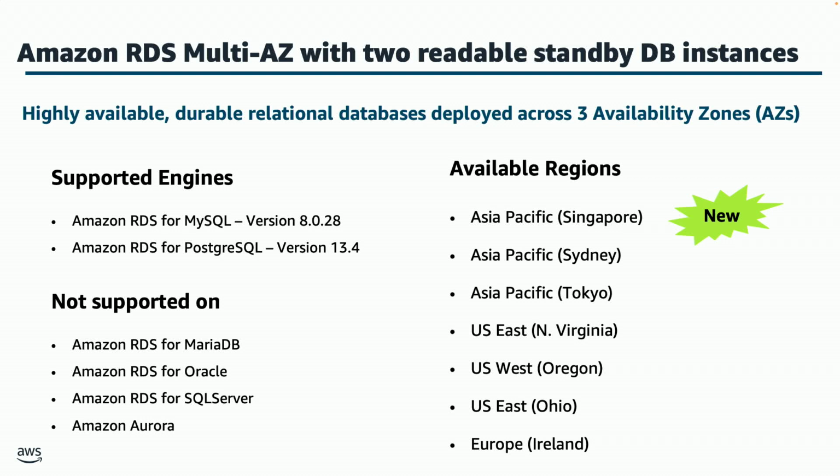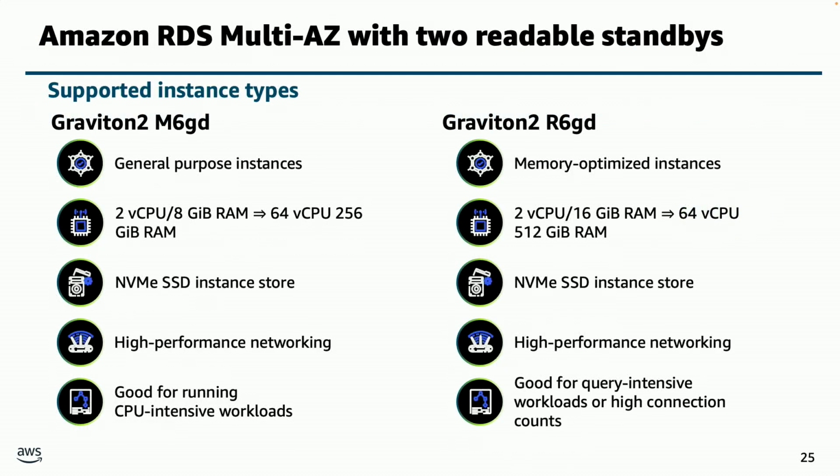If you're using MySQL, make sure you're on 8.0.28, and on the Postgres side, 13.4. Currently MariaDB, Oracle and SQL Server are not supported. With that, I touched on a topic when creating a multi-AZ DB cluster, which is Graviton instances.